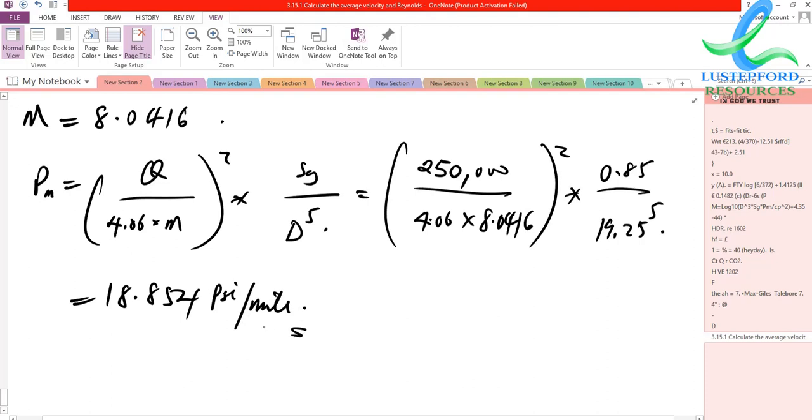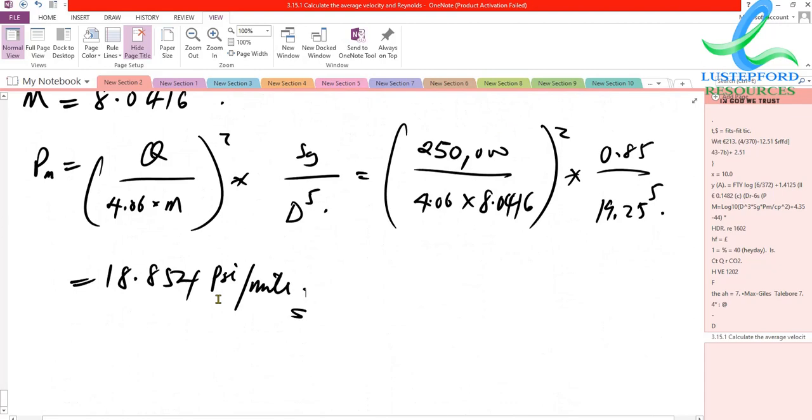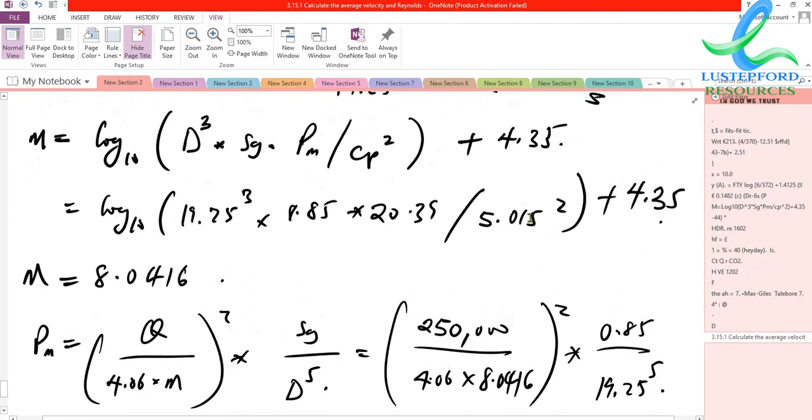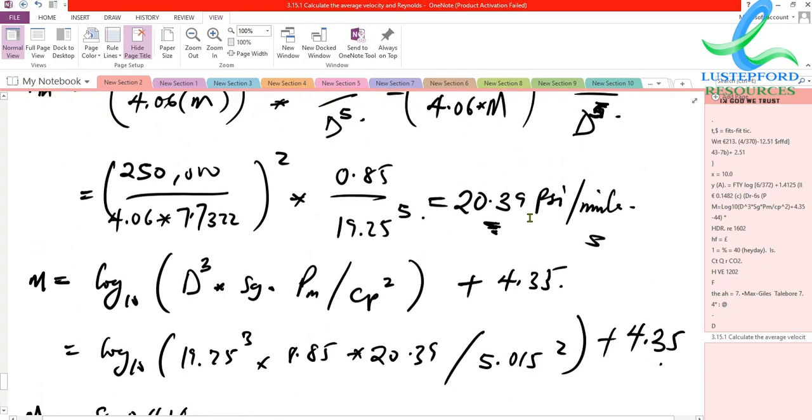Now this is what we get. Now you see it's converging a little. It's converging because this is 20, this is 18 now. It's coming closer, but it's not the same. There's still great difference.